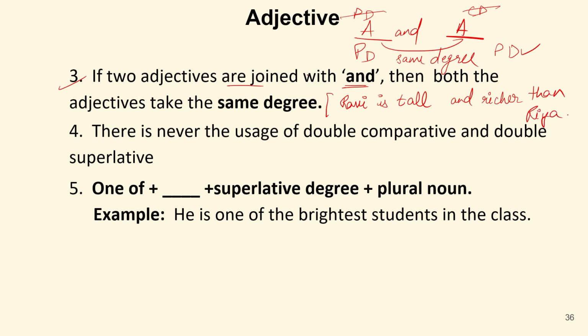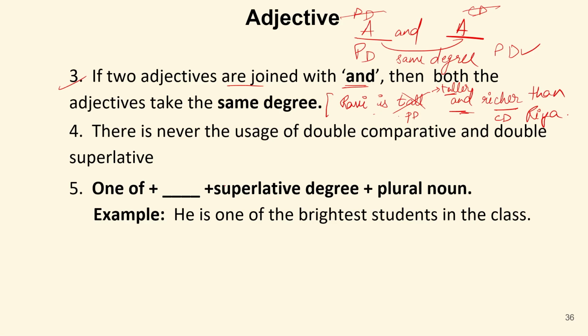Now in this sentence, we have used and. One side is comparative degree and this side we have used positive degree. So this is incorrect because we have to use the same degree of adjective on both sides. So it should be replaced with the word taller. So the correct sentence will be Ravi is taller and richer than Ria. Now the sentence will be correct.